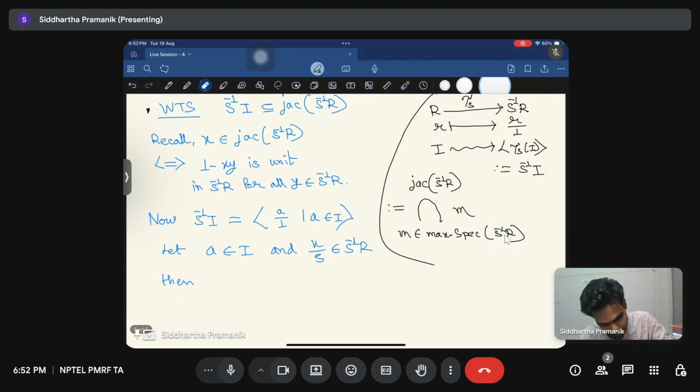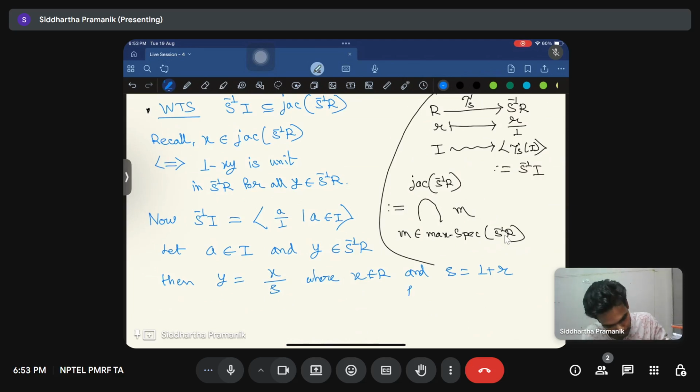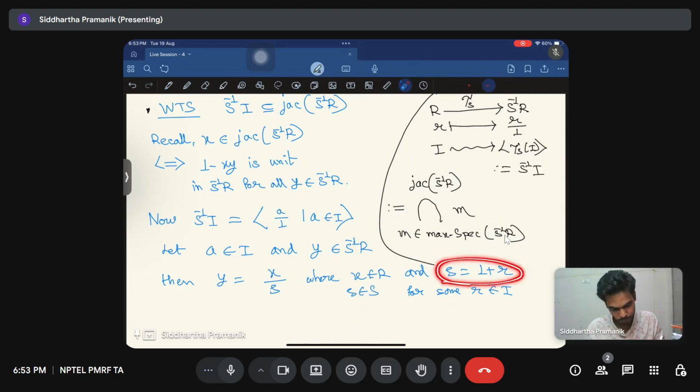Okay, let's say y belongs to S inverse R. Then this y has to be equal to x by s, where x belongs to R and s equals 1 plus r for some r belonging to I, because s is in the multiplicative subset S, and every element of S has this form. So what do we have to prove?